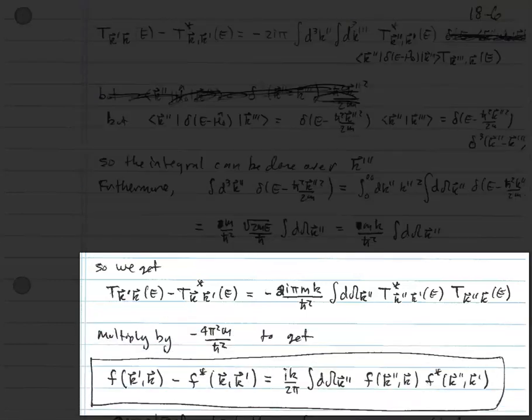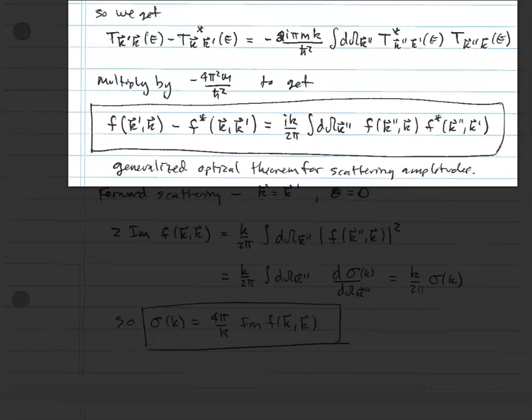Now we're going to multiply by minus 4 pi squared m over h bar squared. That converts the t matrix into the f, the scattering amplitudes. We're going to get f of k prime k minus f star of k k prime is equal to ik over 2 pi integral d omega k double prime, f of k double prime k, f star of k double prime k prime. Okay, this result is called the generalized optical theorem for the scattering amplitude.